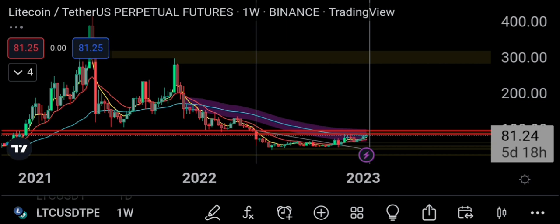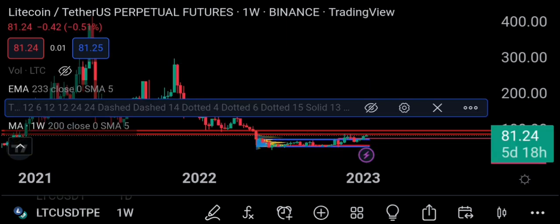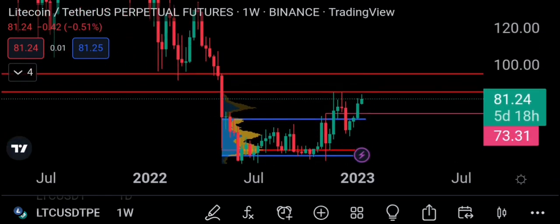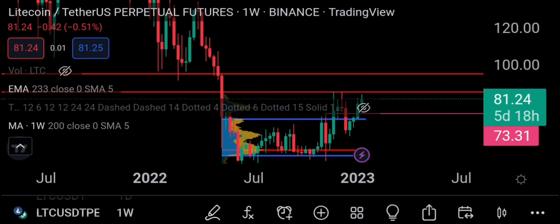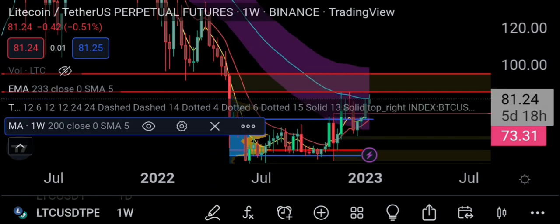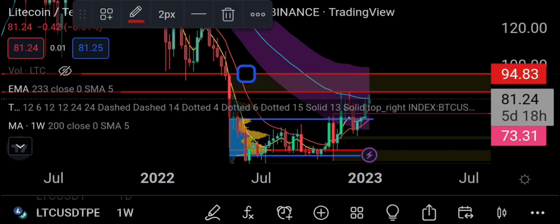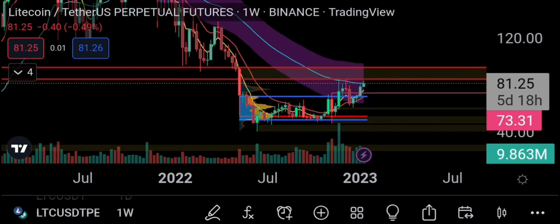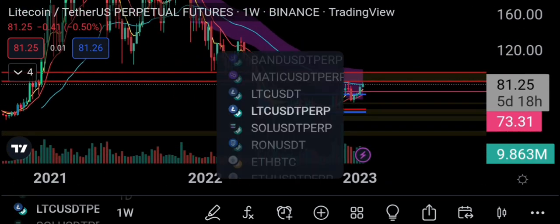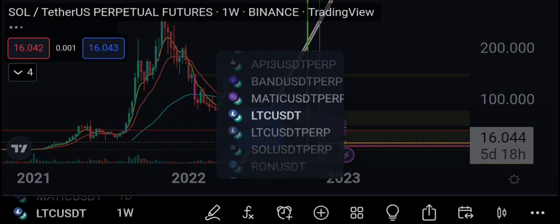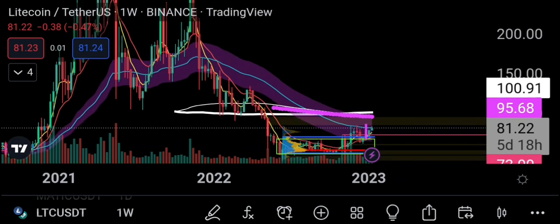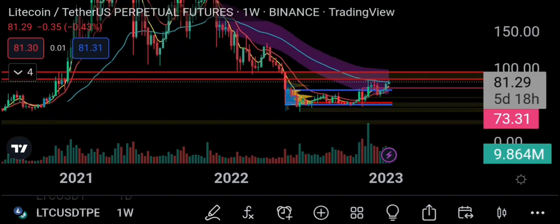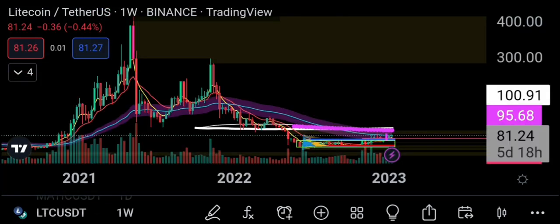The 200 simple moving average and the 233 EMA will be a level of resistance and in confluence with the levels I was talking about. Just give it a second. I'm having trouble with this. It was loading earlier and now it's refusing to load. Okay, there you go.